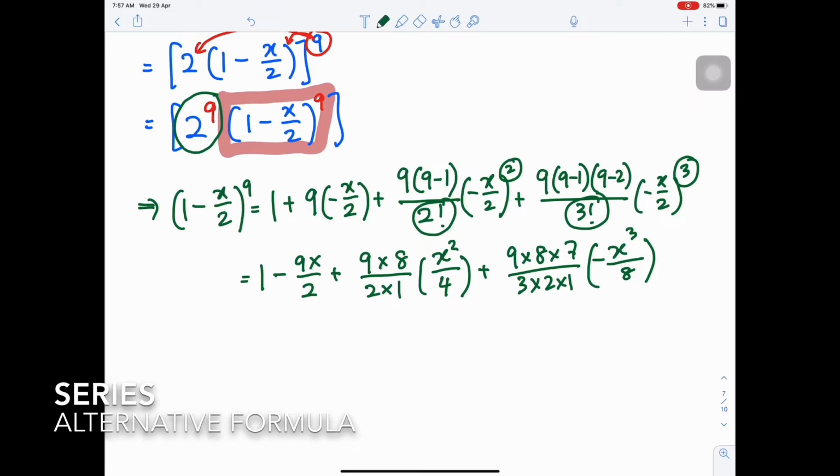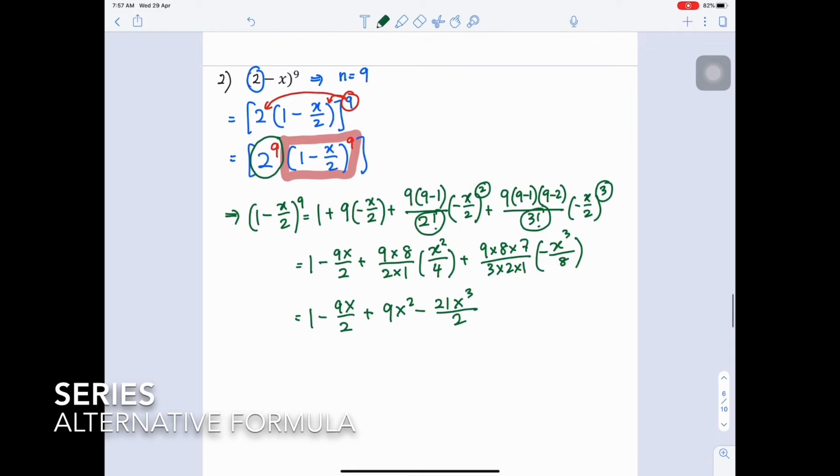Then you get 1 minus 9x over 2 plus 9x squared minus 21x to the power of 3 over 2.